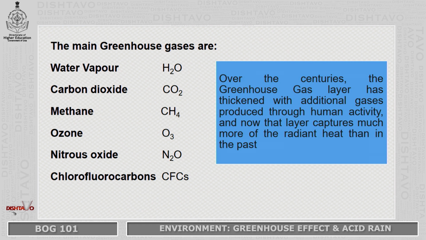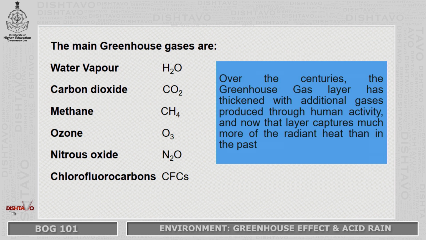But what has happened over the centuries, the problem is the greenhouse gas layer has thickened. In the same way the ozone layer has been depleted, and the layer of greenhouse gases has thickened. Both ways it is harmful. We need the optimum layers both in the stratosphere, that is the ozone layer, as well as the greenhouse gases to trap the heat.